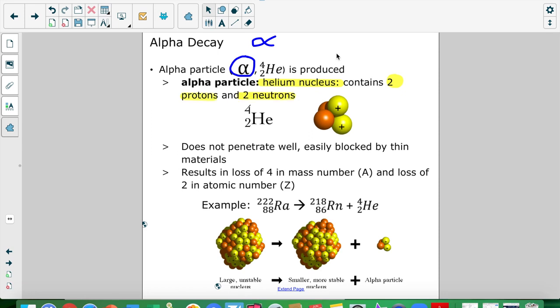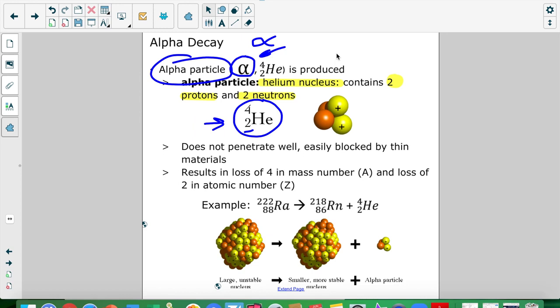If we remember what we just learned on the notation of how to show isotopes, this is the notation for the helium nucleus that has 2 protons and 2 neutrons, so altogether a mass number of 4. So again, alpha particles are represented using the letter alpha or as a helium nucleus that has 2 protons and 2 neutrons.